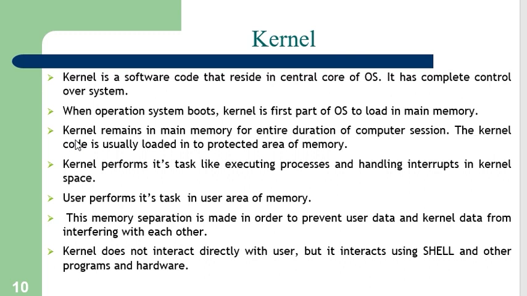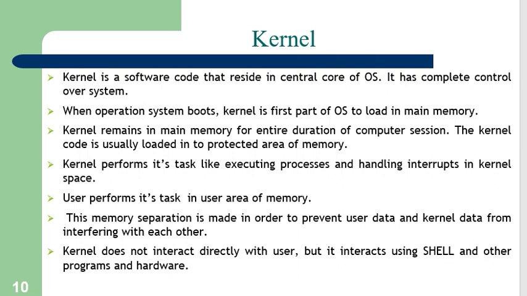Coming to the kernel. A kernel is software that resides in the central core of the OS. It has complete control over the system. When the operating system boots, the kernel is the first part of the operating system to load into main memory. The kernel remains in main memory for the entire duration of the computer session, and it is usually loaded into a protected area of memory.